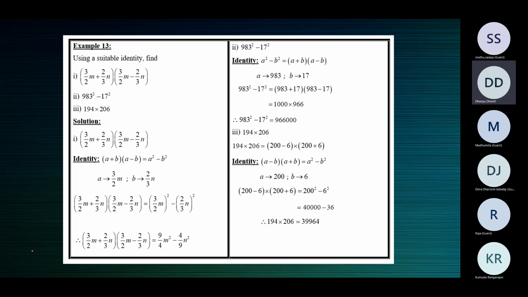Then a minus b the whole square is equal to a square minus 2ab plus b square. And then a plus b into a minus b is equal to a square minus b square. Very good. Yes, Sindhu and Sanjay, please repeat the same.